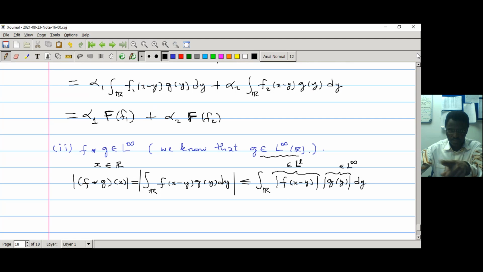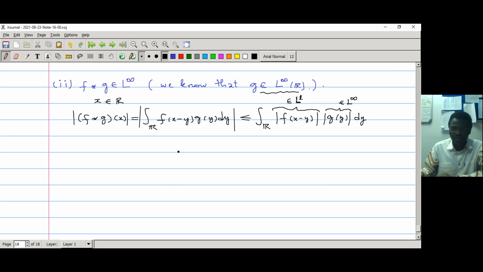I think that there are problems on Hölder inequality. So if I use Hölder inequality, because this is what Hölder inequality states, if I have P and Q, that is P and its conjugate, of course, two natural numbers. So P and Q are conjugate of one another if we have this relation, 1 by P plus 1 by Q is equal to 1.